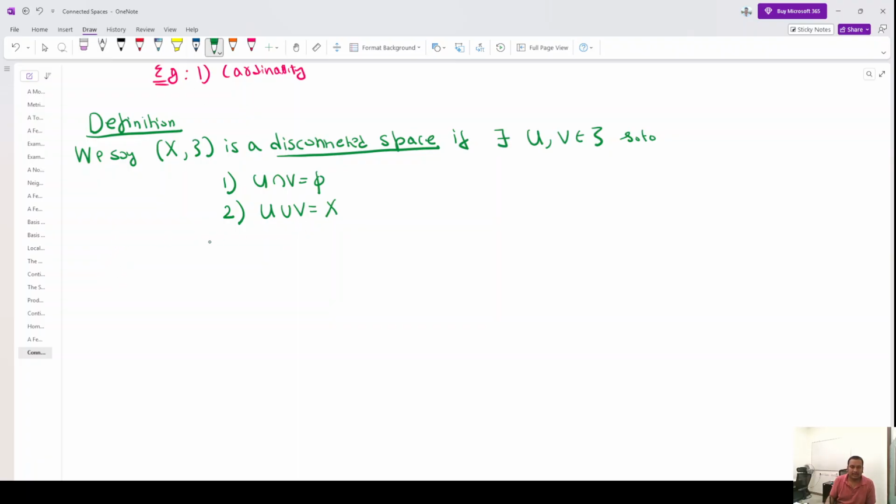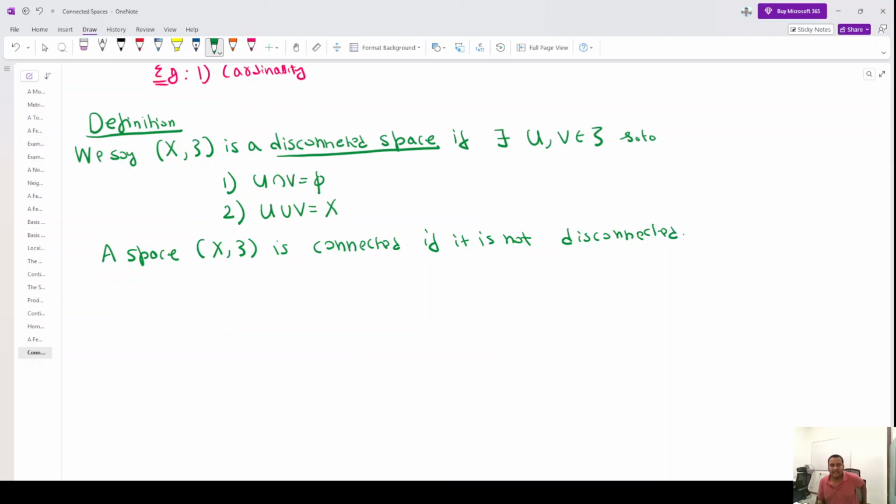So a space (X, tau) is connected if it is not disconnected. Seems natural, right? Basically, you cannot write your space as a union of two disjoint non-empty sets.